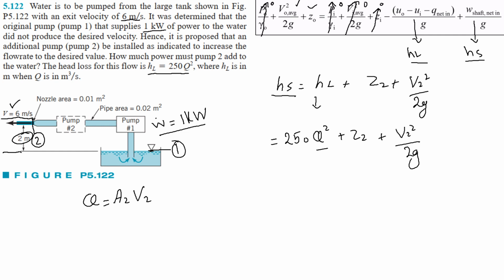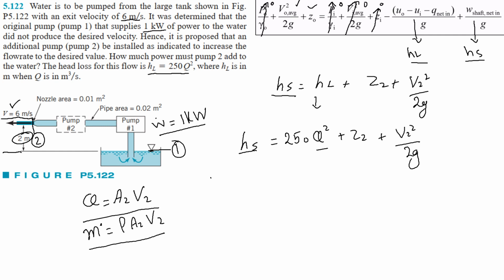So we can find the pump head, that is the shaft work head, from this equation, and then what we need to do is find the power being generated from this shaft work head. So we need to multiply this by the mass flow rate. We can find the mass flow rate from rho A2 V2. So we will get our mass flow rate.